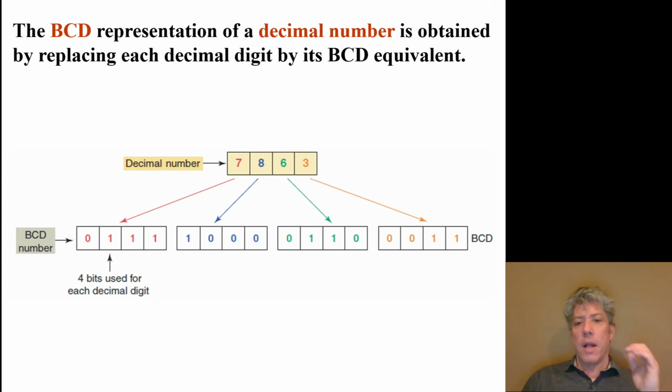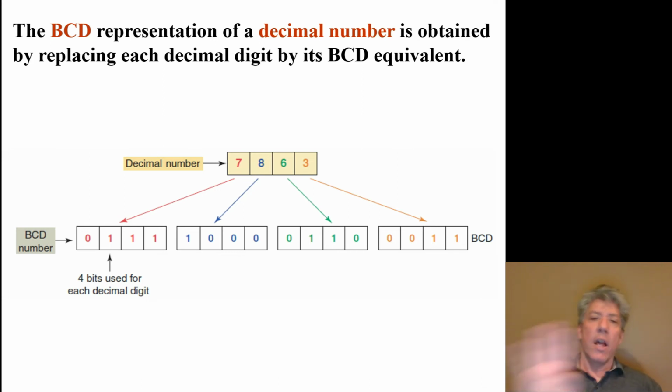Now be careful, because if you see a binary number and you don't know that it's binary coded decimal, you could make the mistake of interpreting this in terms of binary. This is a very different number in binary than it is in binary coded decimal. Because understand what we're doing is we're taking a nibble and then starting over with the next nibble. Notice that the least significant nibble, the one that represents the 3, has a 1's place, a 2's, a 4's, and an 8. The next nibble over, reserved for representing the 6, has a 1's, a 2's, a 4's, and an 8.